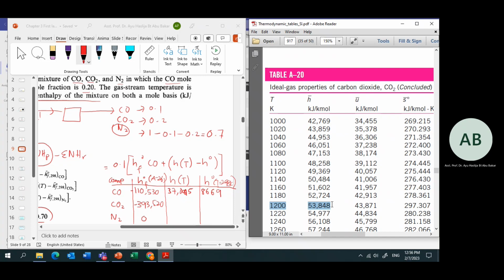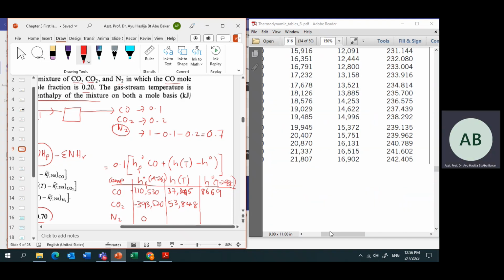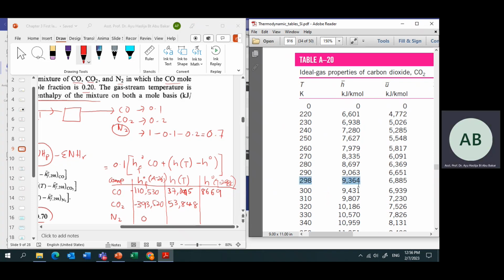Okay, now find the enthalpy at reference T 298 Kelvin for CO2. 298, so we move upward. CO2, 9364.